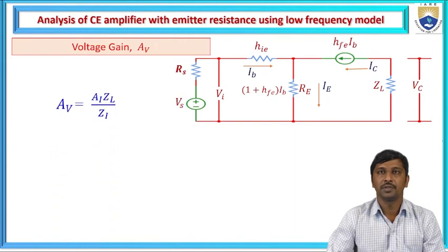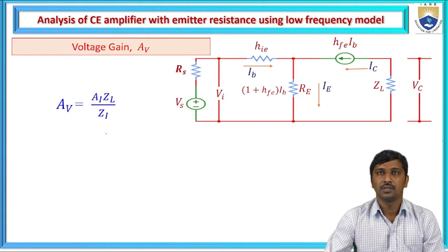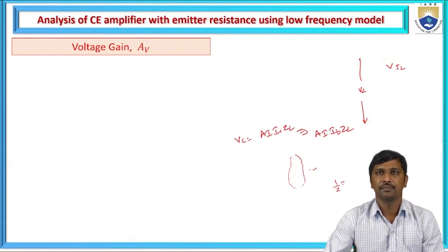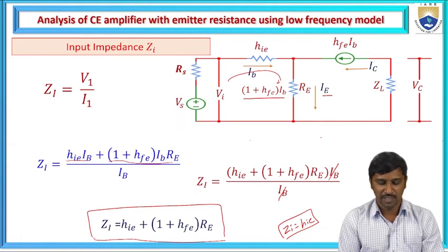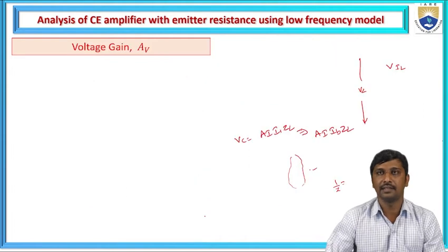Now we need to substitute the Zi parameter. From the input impedance, we observe that Zi is represented as hie plus (1 plus hfe) times RE. Now I am going to substitute this input impedance in the voltage gain.